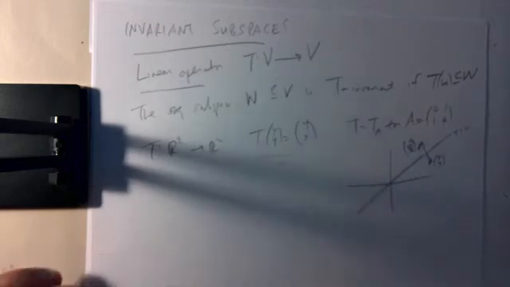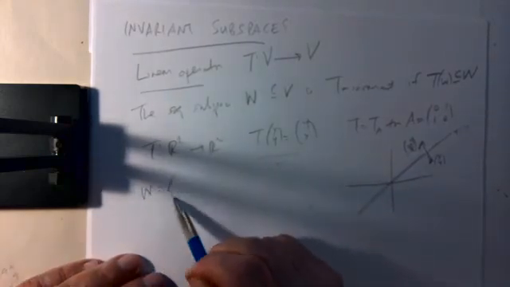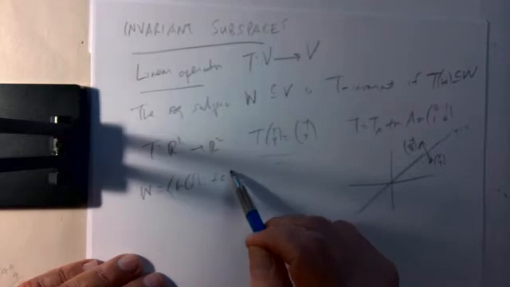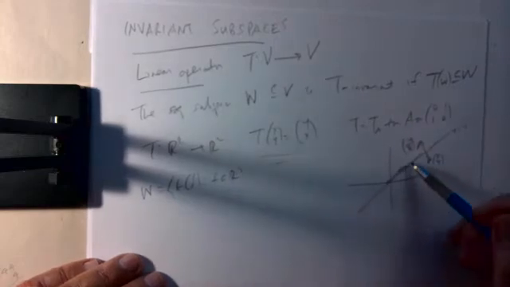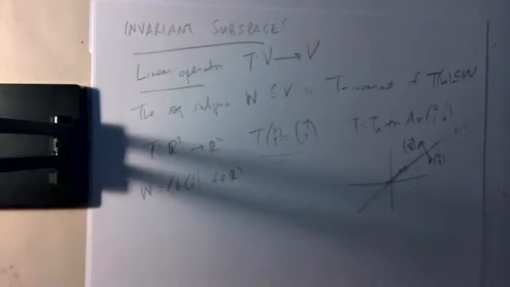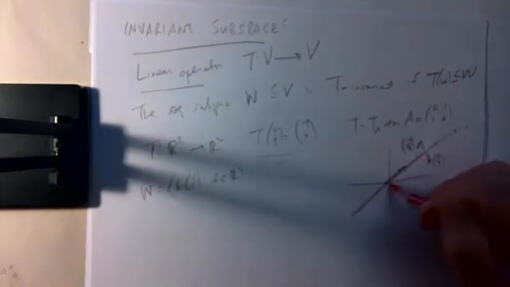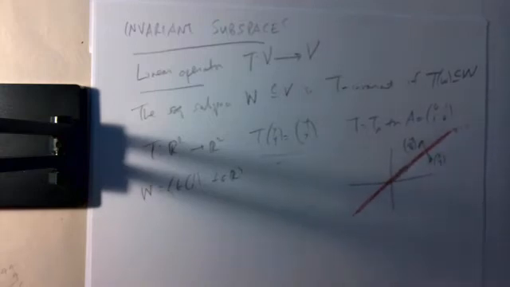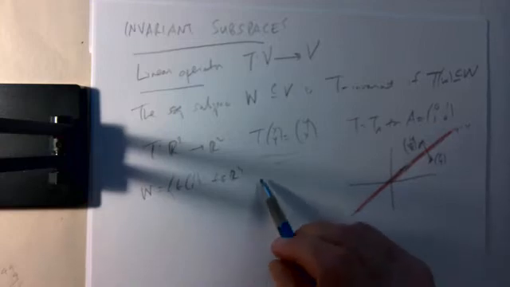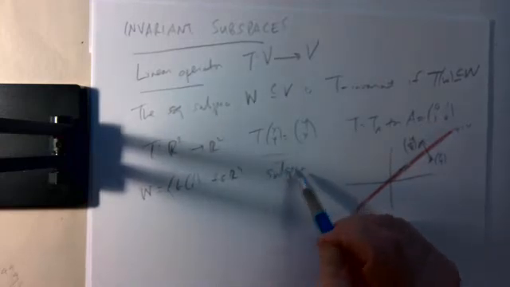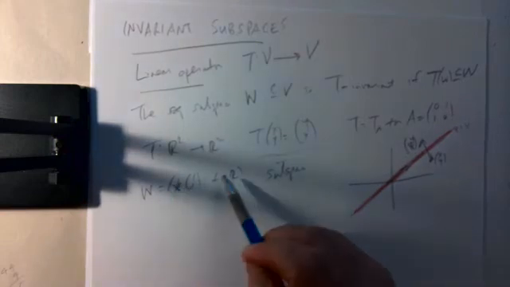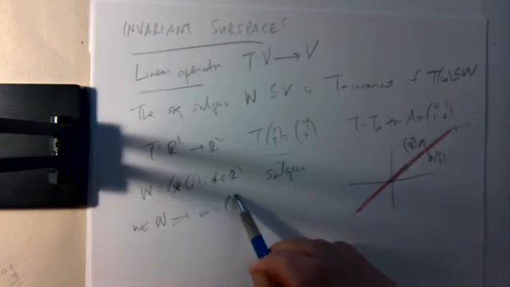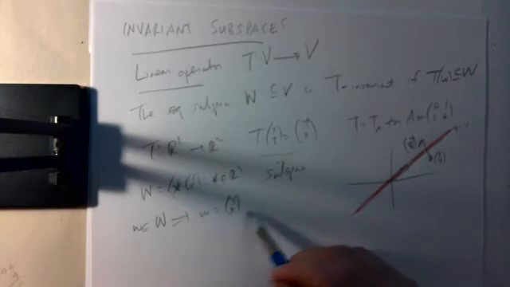And suppose I take W to be the subspace generated by the vector (1, 1). Here's the vector (1, 1), and the subspace that vector generates is all scalar multiples. Scalar multiples of a vector, that's just a line. So this is just the line y equals x. And this is a subspace. If I take any vector in this subspace, if w is in W, then w is just (x, x) for some x.